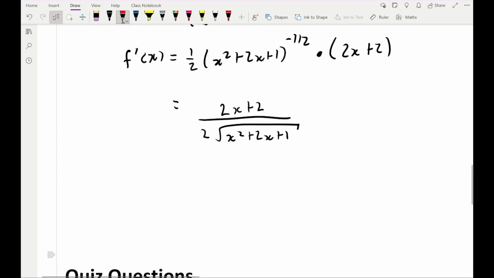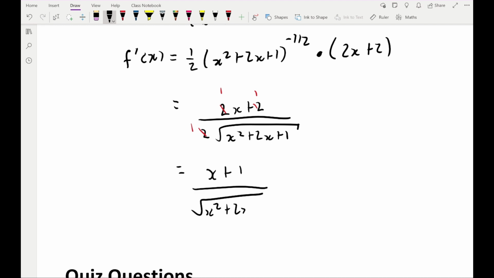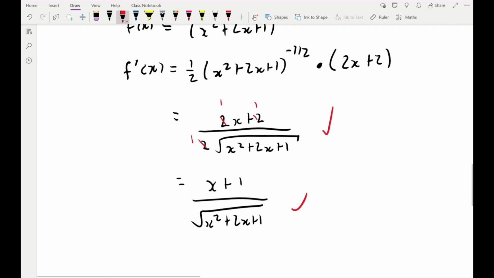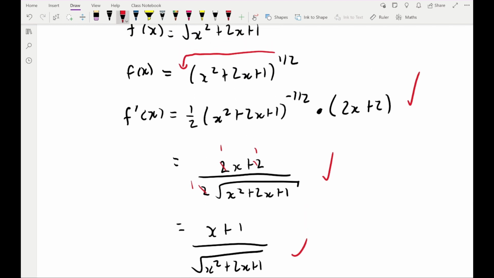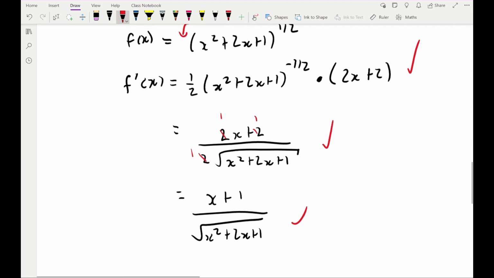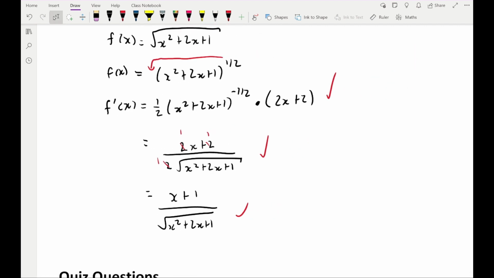You can get a little bit fancy here, and you can halve the top and the bottom. And then you can end up with (x+1) over the root of x^2+2x+1. But I would still be marking both these as correct answers because they're both correct. Quite often SACE wouldn't even need you to simplify it. But sometimes you do need to simplify it if you're in a multi-step problem and you want a simpler derivative to be working with.